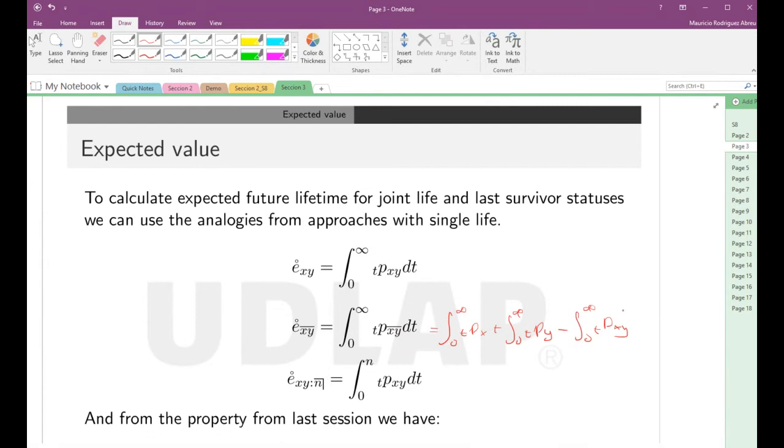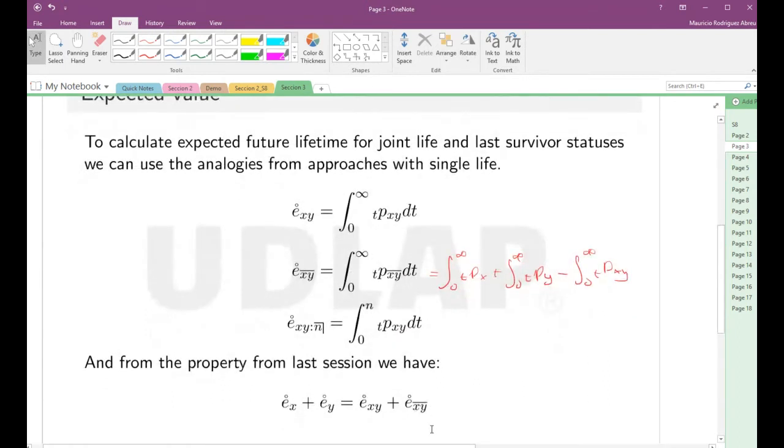And again, if we want just the temporary, this would be, and here is when these things start getting interesting, the temporary complete joint life expectancy for these individuals. So it's a lot of information in this thing, but again, it's nothing different from what we did before, just using the interval between 0 and n.